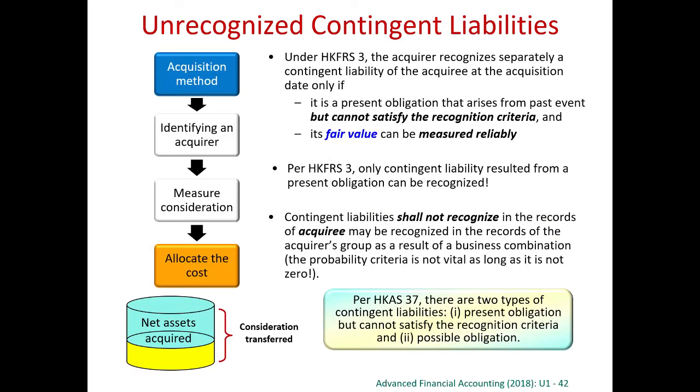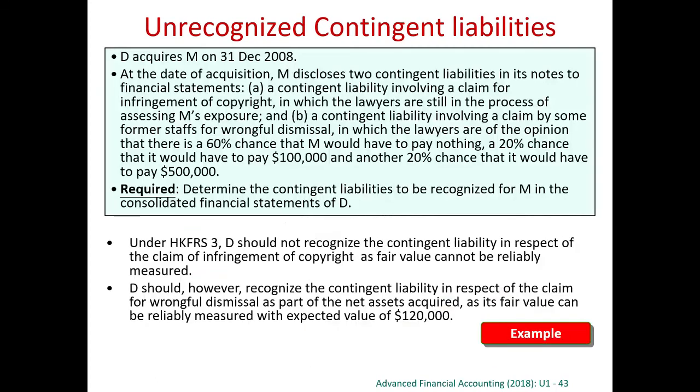Similarly, for contingent liability, we will recognize it on business combination. As I've said before, we recognize the contingent consideration, therefore we also recognize the contingent liability, even though it is not probable. So in a business combination, you may recognize the contingent liability of the acquiree as long as you can find the fair value.